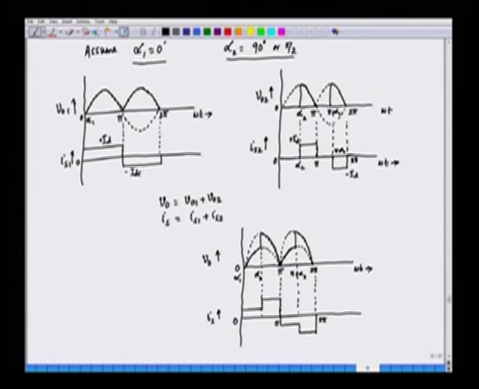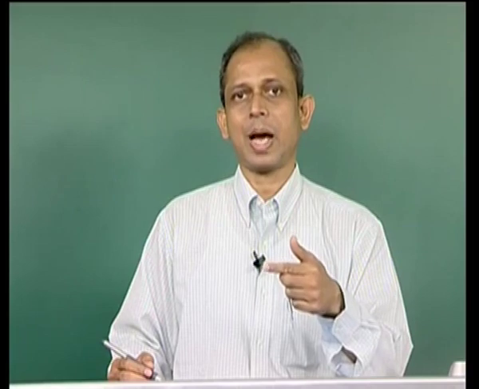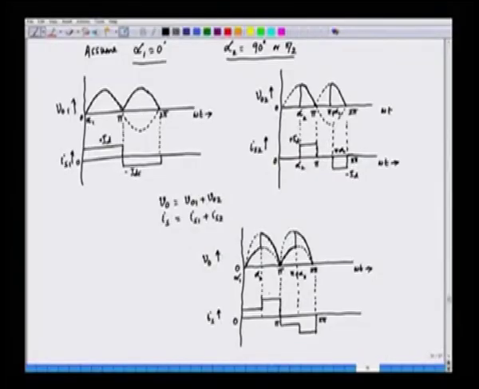Now, this is the waveform of the voltages and current. In fact, if we see here, the current is ID, ID plus ID will be 2 ID. So, we will have 2 ID here, plus 2 ID, and this is ID, and this is minus ID.